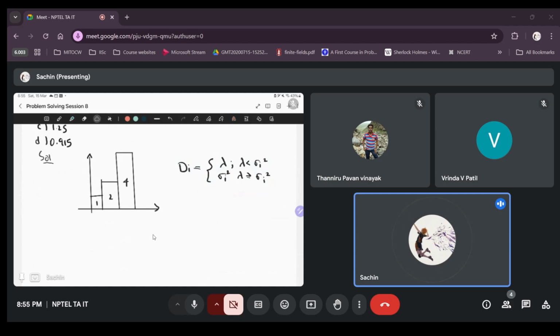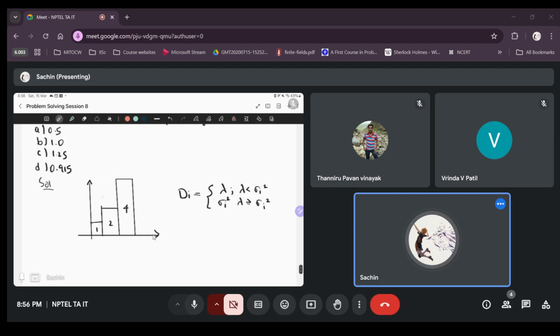So if we start out here, then you would get lambda plus lambda plus lambda, which is 4 plus 4 plus 4, 12, which is obviously greater. If you go somewhere here, then the summation of d_i is 1 plus 2 plus lambda, which is equal to 4, meaning lambda equals 1.